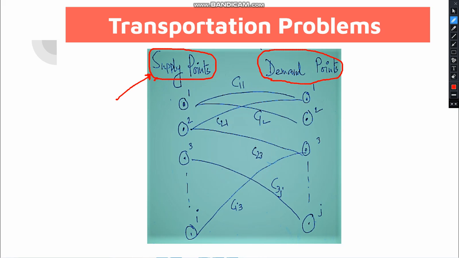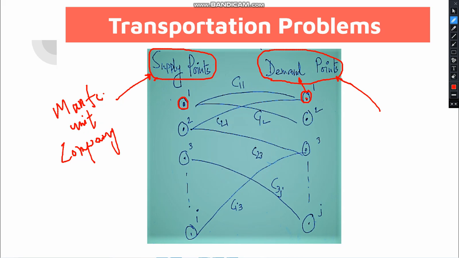Suppose it is a manufacturing unit, a company producing some materials which need to be delivered to a demand point.